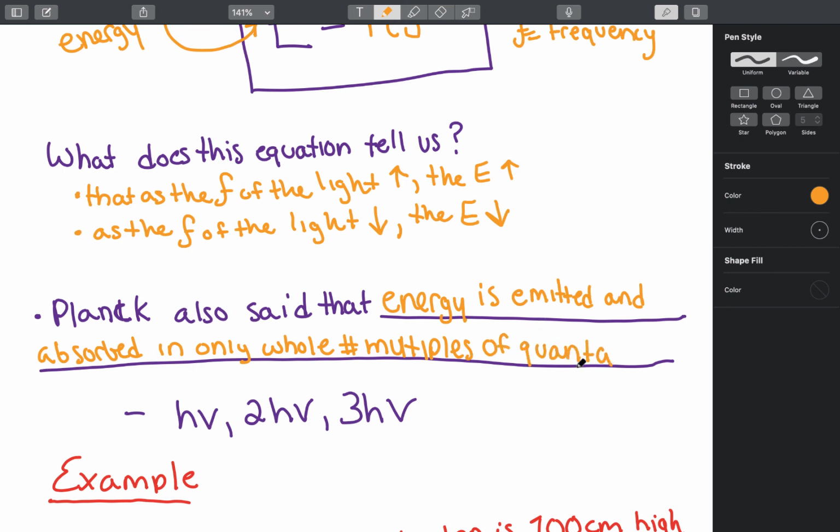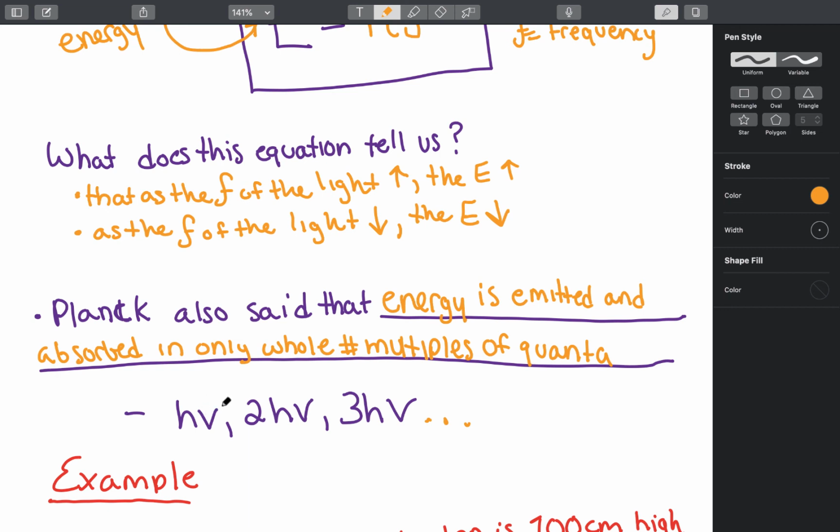So in other words, energy is only absorbed in whole number multiples of quanta. Therefore, you can only absorb energy in this type of form. So, dot, dot, dot. For example, if you absorb only one quantum of energy, you say h mu.